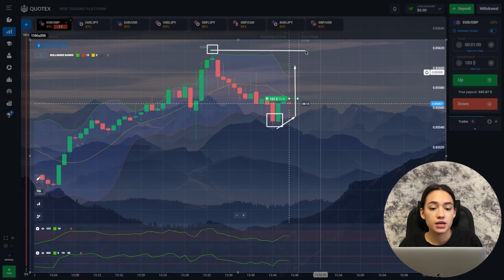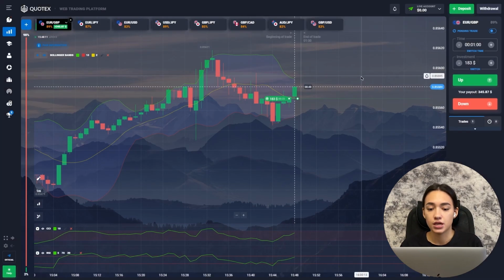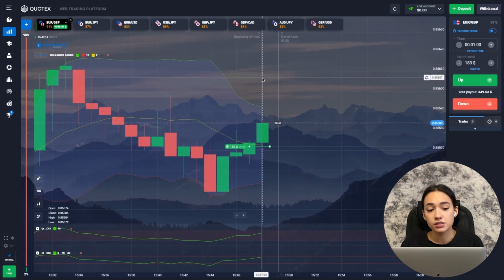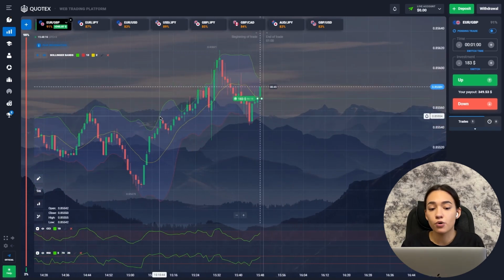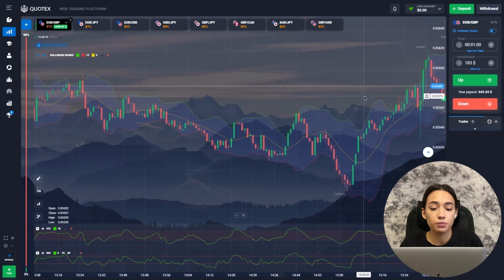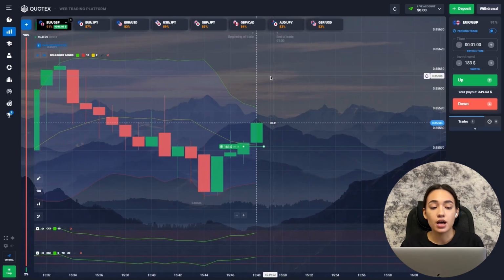Then there was an exit from the oversold area, yeah. So all the signals in theory are aligned, and here we will better open an up trade. In general, there's already a more obvious and good signal to open here, yeah? So let's look at the result.